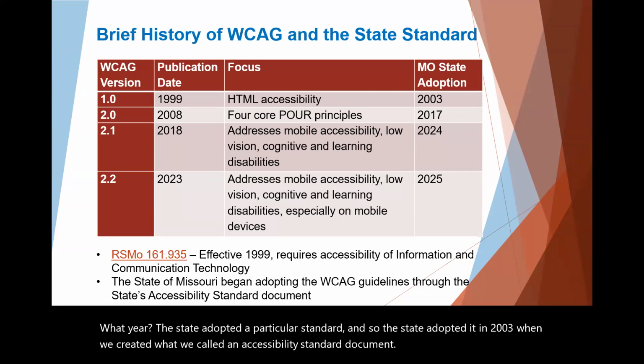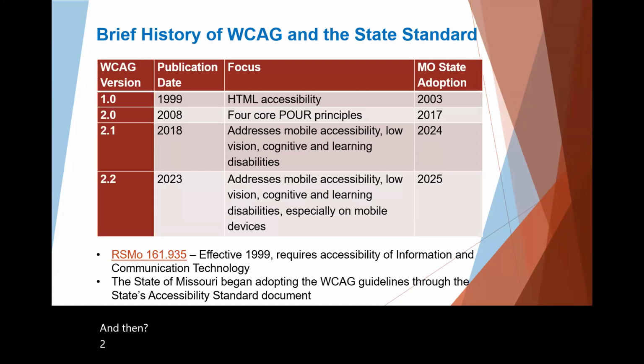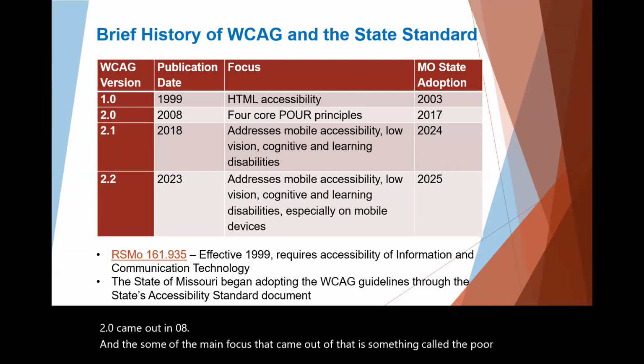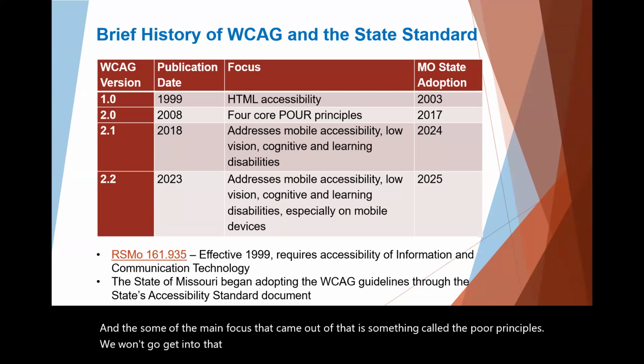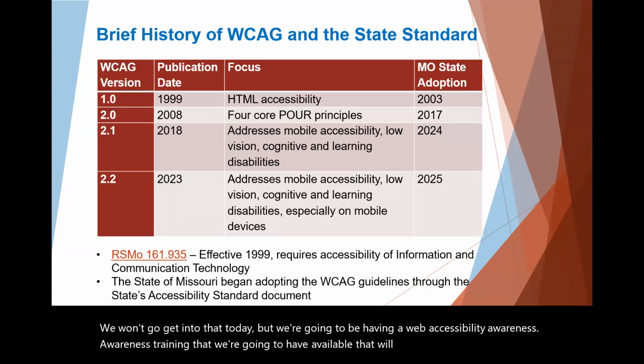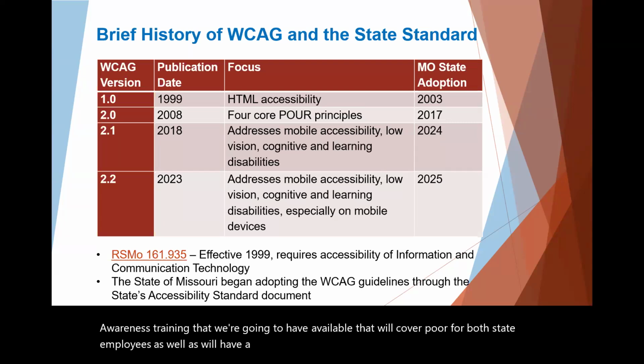And then 2.0 came out in 08. Some of the main focus that came out of that is something called the POUR principles. We won't get into that today, but we're going to have a web accessibility awareness training available that will cover POUR for state employees, and we'll have a version of that we'll put out in our public space as well.